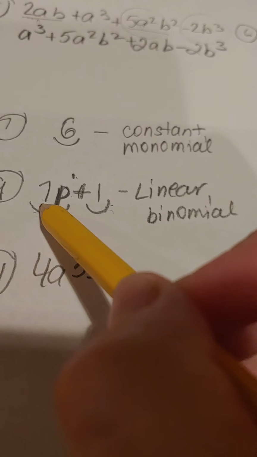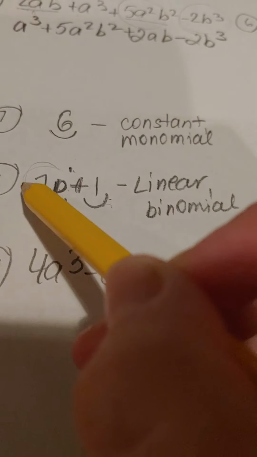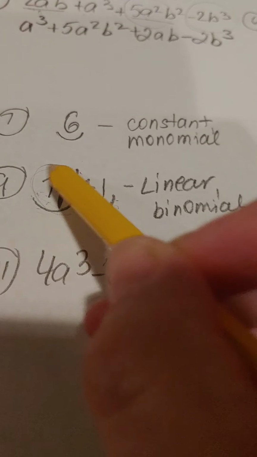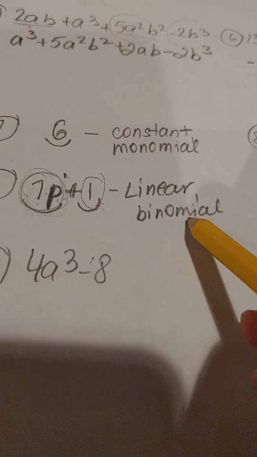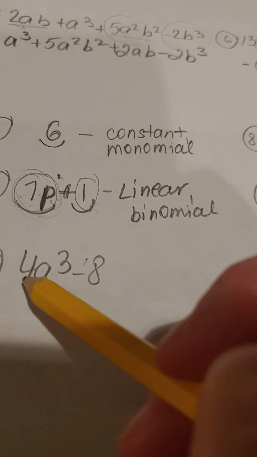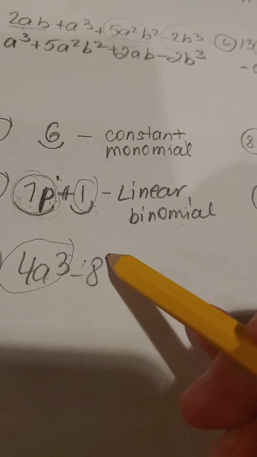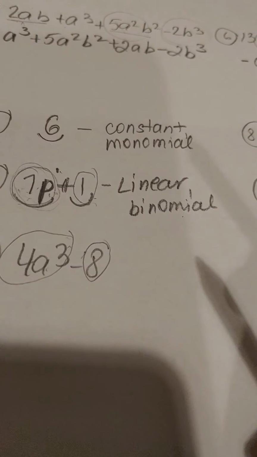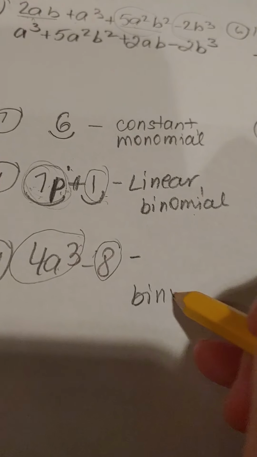It's not like one term is 7, the other one is p. They're glued together by multiplication. If we're dealing with multiplication, it's one term. So there's one term and two terms. Two terms, binomial. Here's the same thing. 4 times a to the third power, it's one term, and 8 is the other term. So here, we're dealing with binomial.